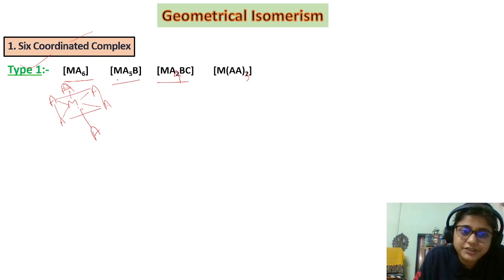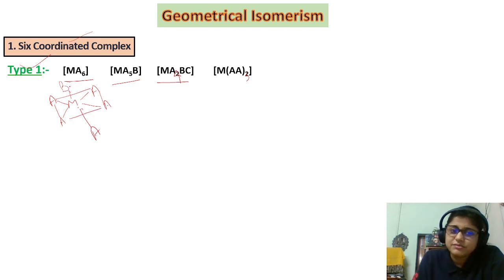So we can't differentiate. If in the place of A, if we incorporate here B, will there be any difference? No, right? No other structure will be possible. Only this structure will be possible.